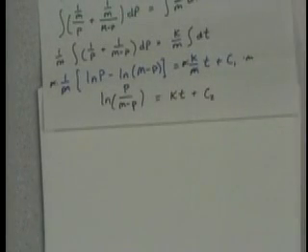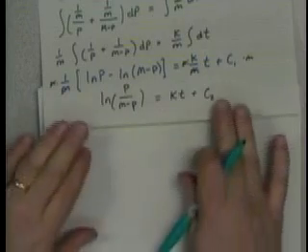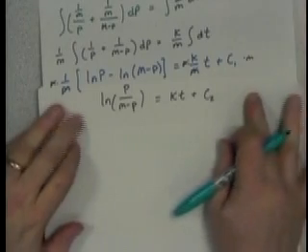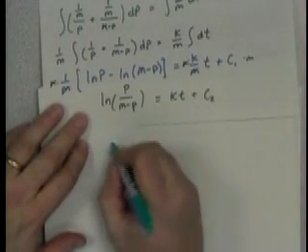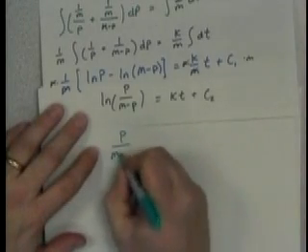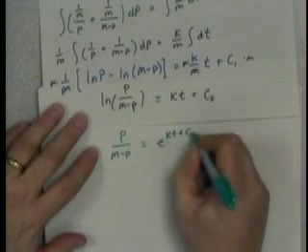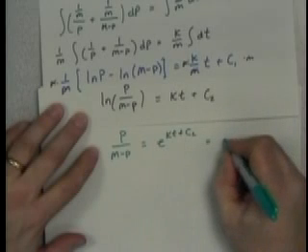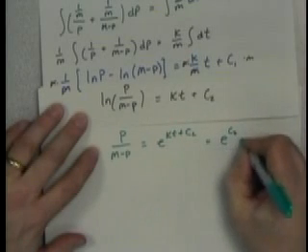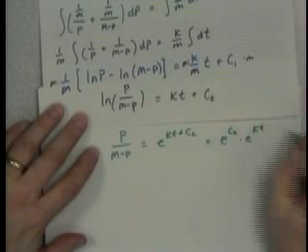And now we can solve that for p. It's going to take a little bit of algebra here. So I get p over m minus p equals e to the kt plus c2, which again we can separate out: e to the c2 times e to the kt.